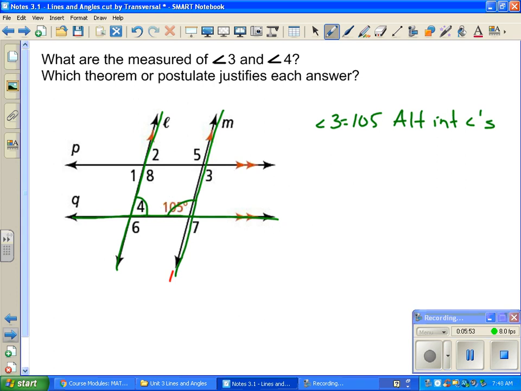So therefore, angle 4 would have to be 180 minus 105, or 75 degrees, because they are supplementary to each other because they are same side interior angles. So that's what they were wanting you to do on this picture.